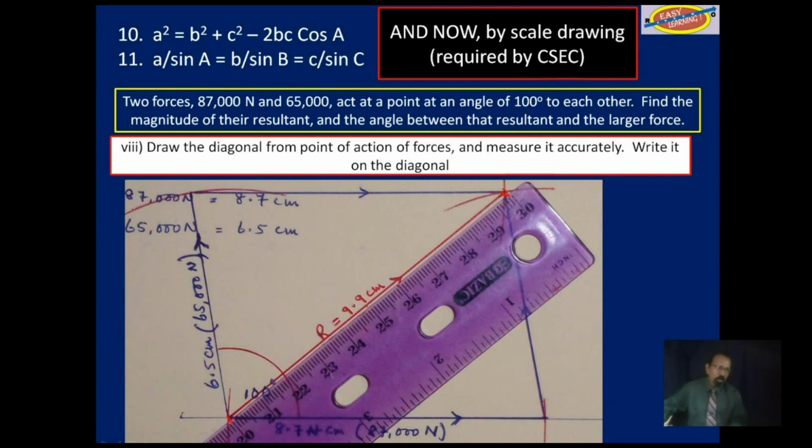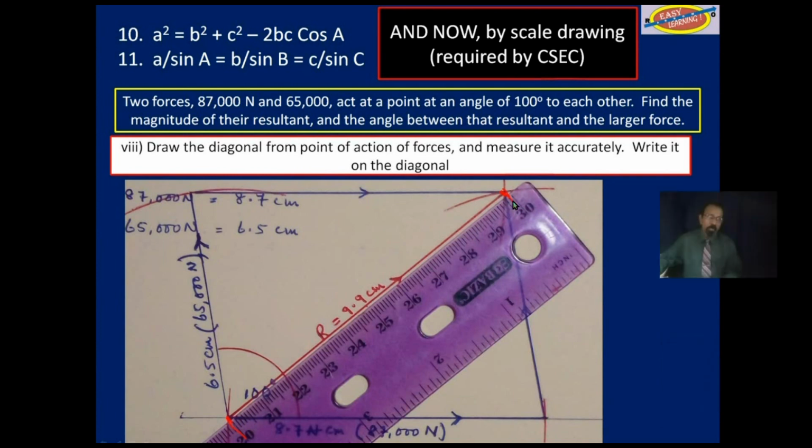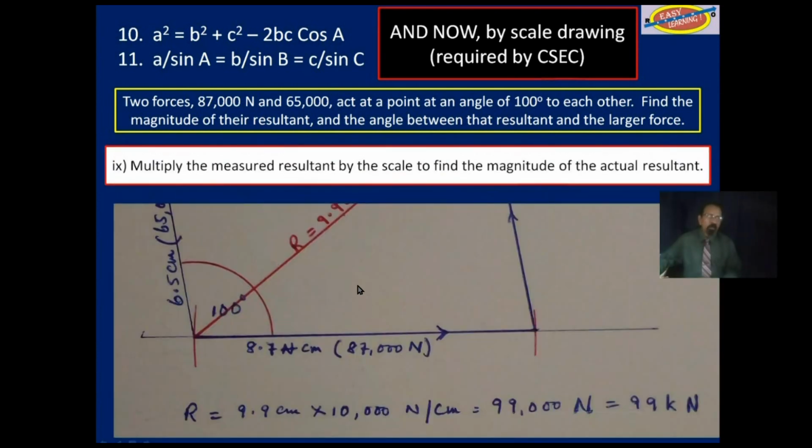If we begin this ruler at 20 here and we end up at 29.9, that line would be 9.9. We then multiply the 9.9 centimeters by the scale we were using, which is 10,000 newtons per centimeter, and we get 99,000 newtons, or 99 kilonewtons, which is the same thing that we had previously when we calculated it.